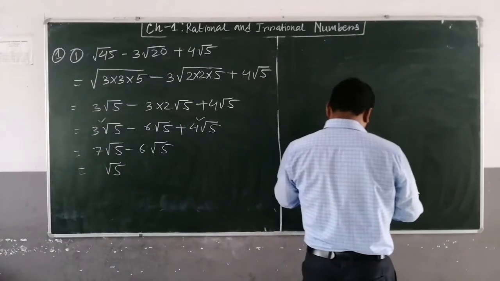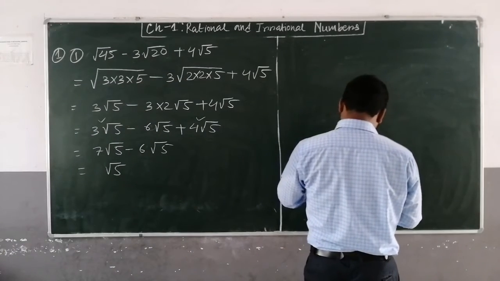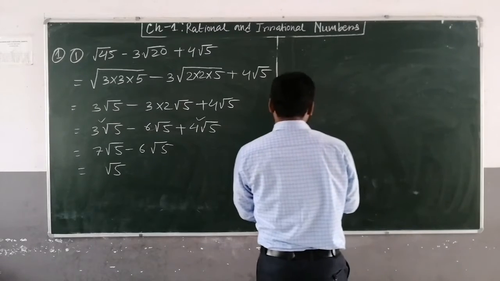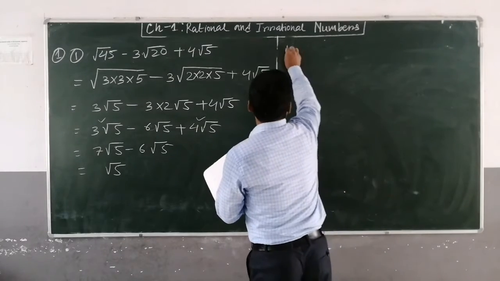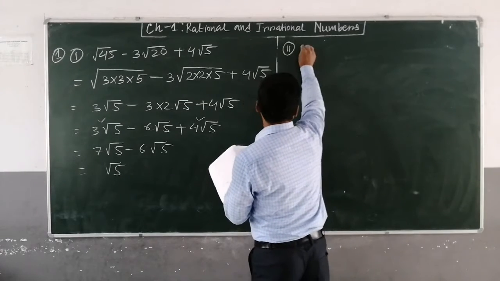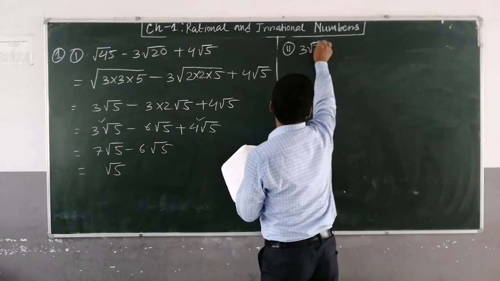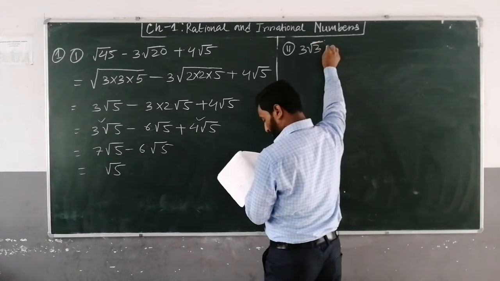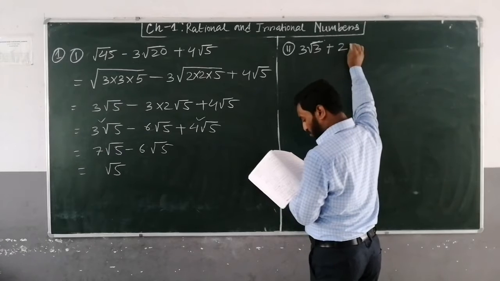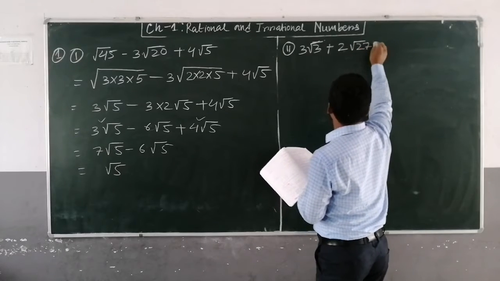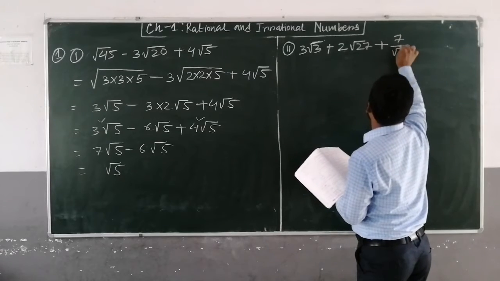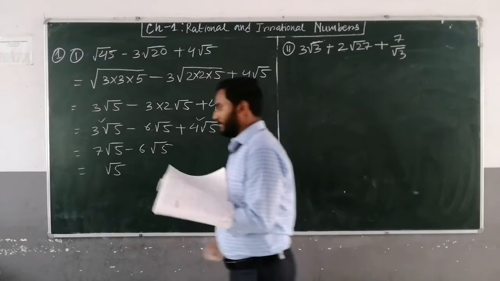Now come to the second part of question number 1. In the second part it is given that 3 root 3 plus 2 under root 27 plus 7 upon root 3.